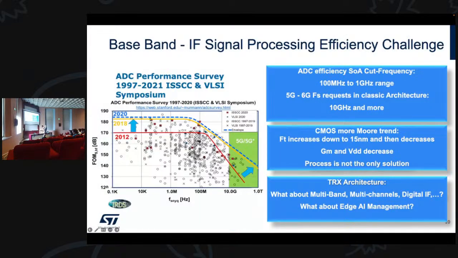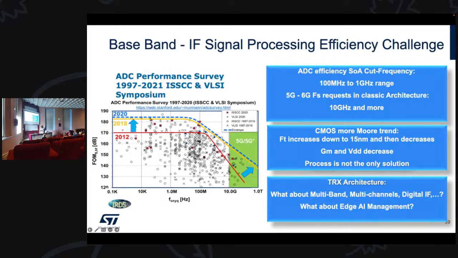We mainly see this wideband on this graph, which is, for instance, for the ADC, but we have the same for the DAC. And you can see the evolution of the figure of merit, which includes the power efficiency. You can see that for low sampling frequency, we can increase the figure of merit.